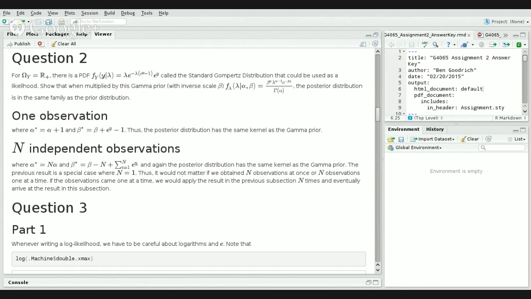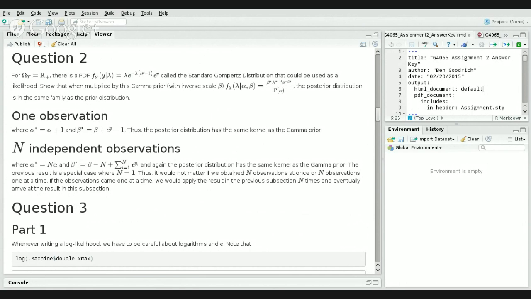So if we just get rid of those constants, write it in terms of proportionality again, we get some terms involving lambda raised to powers, some terms involving e raised to powers, and we utilize the result that the product of the same base raised to different powers results in the same base with the sum of the powers.